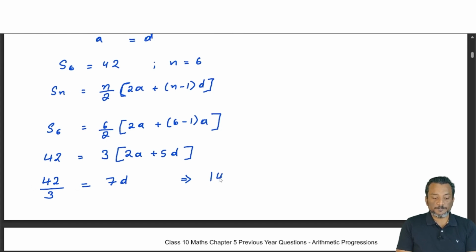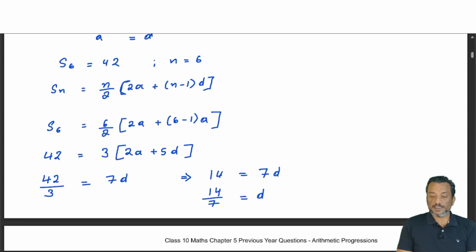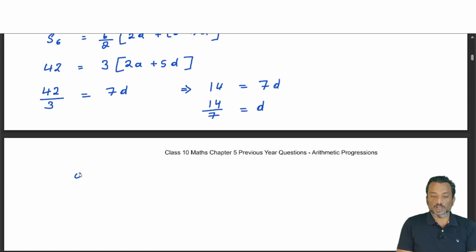So 14 is equal to 7d, which means d is equal to 14 over 7, so d is equal to 2. Which means a is equal to d, and is equal to 2. So your first term is also d, so the first term is equal to 2. Hope you got it. This way you have to solve the first question.